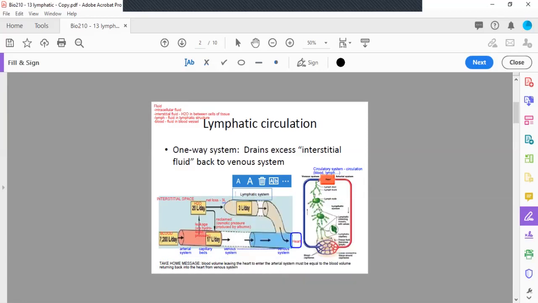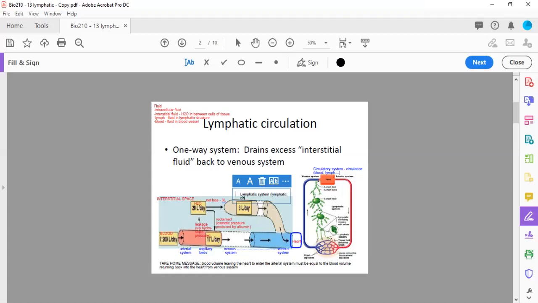The lymphatic system is involved with lymphatic circulation, in which the excess interstitial fluid is drained back into the vein before it goes back into the heart.